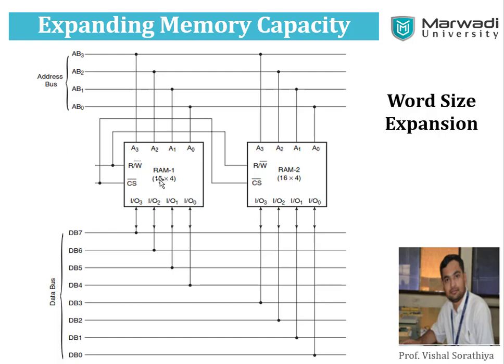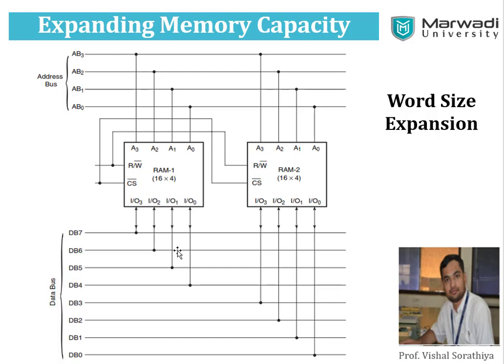RAM 1 has the size of 16 cross 4 and the other also has 16 cross 4, which is RAM 2. Over here we have only 4 address buses, which are applied in common. Now we apply the 2 extra signals, read and write and chip select, and this chip select pin we can connect simultaneously.